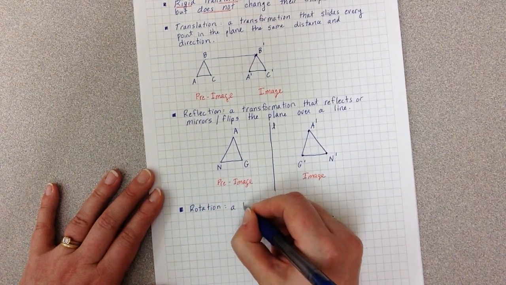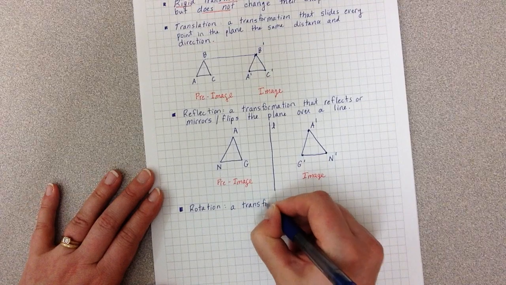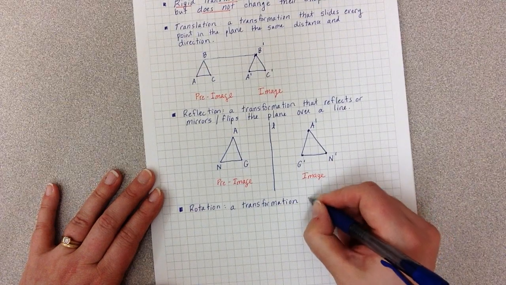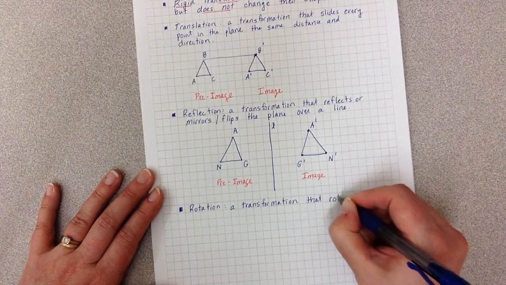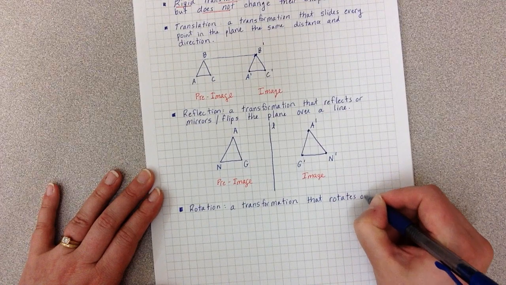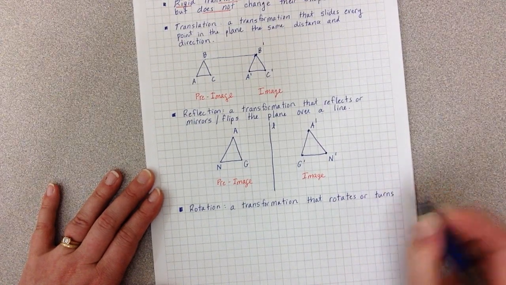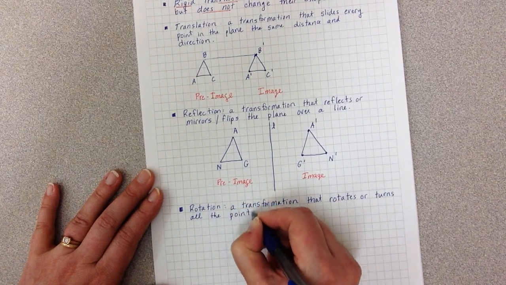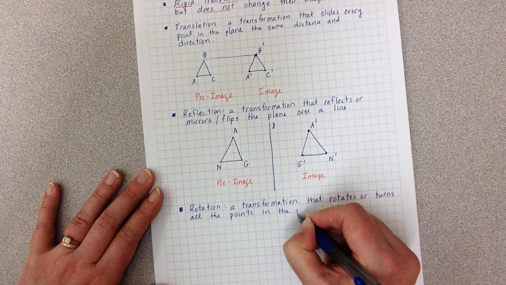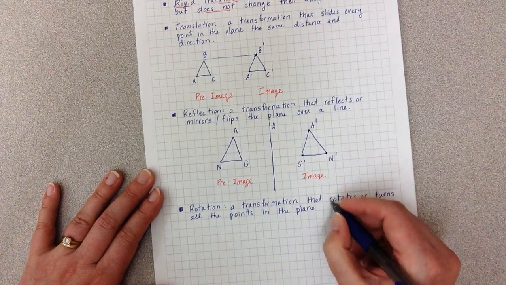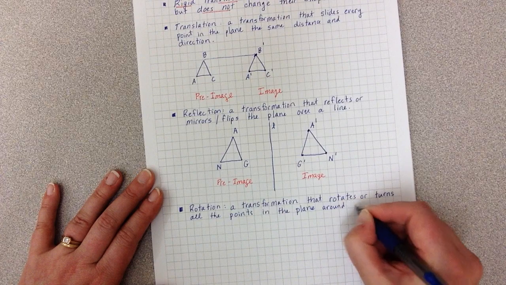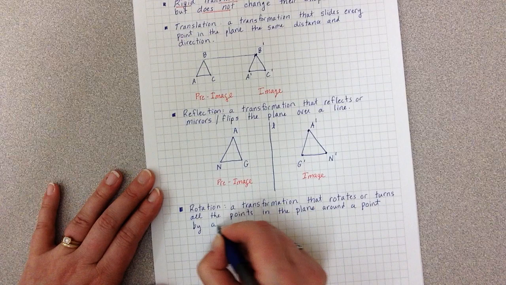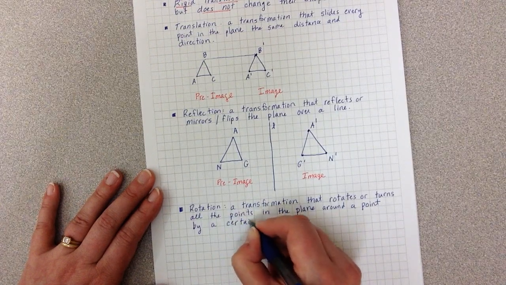And rotation is a transformation that rotates or turns all the points in the plane around a point by a certain number of degrees.